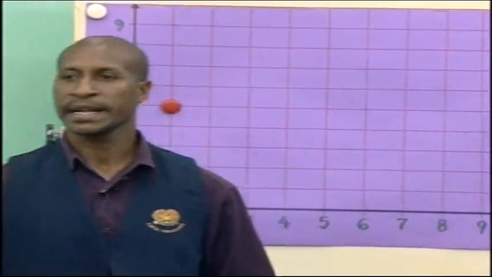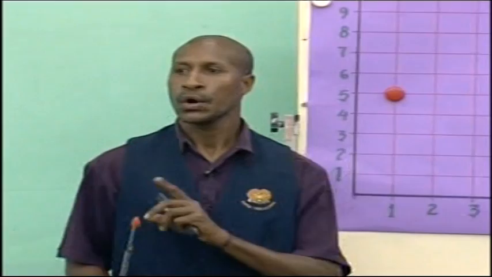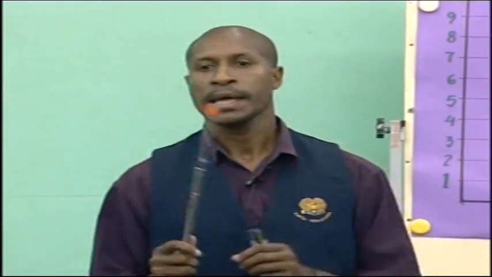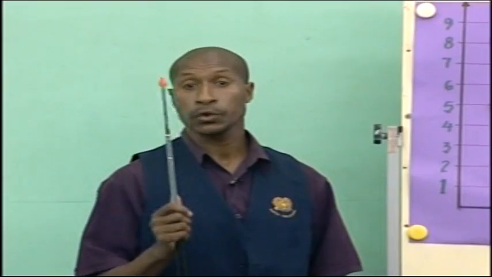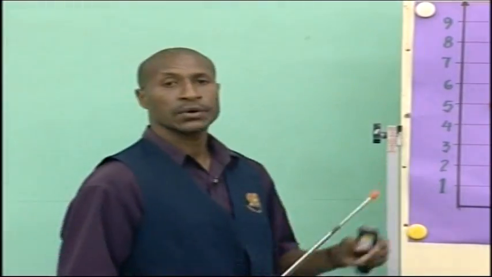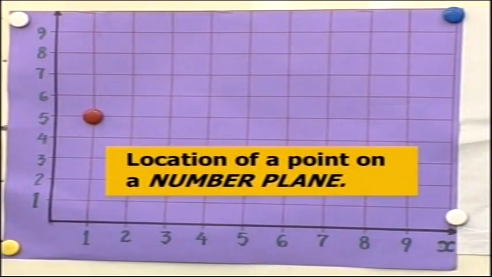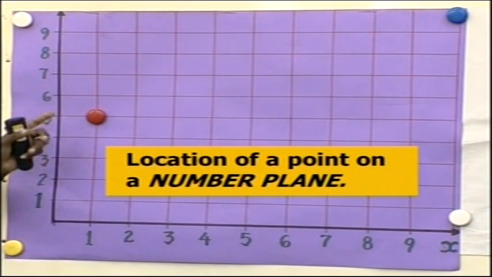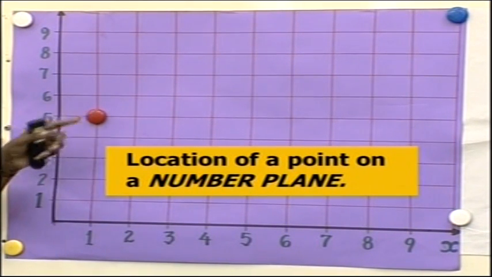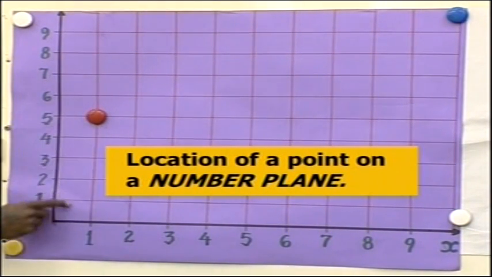Now, receiving students and Sevenis, ordered pair and coordinates are not two different things. They have the same meaning. Coordinates and ordered pair, which we will use, is a new word that we will use in our lesson for today. Coordinates and ordered pairs are pairs of numbers which normally show the location of a point on a number line.